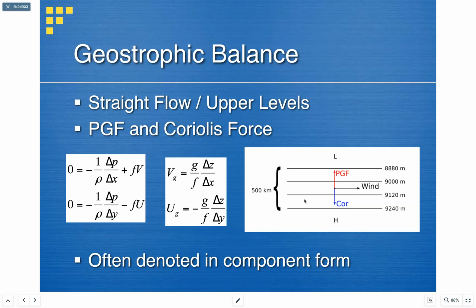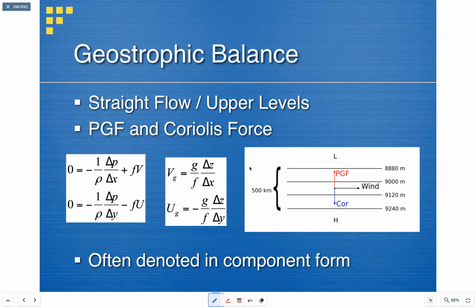And the way we know the sign should work out correctly is that wind here is in a positive x direction, so our wind should be positive. That means if we do 8880 minus 9240, that's going to be a number less than 0. So here we should have 500 minus 0.